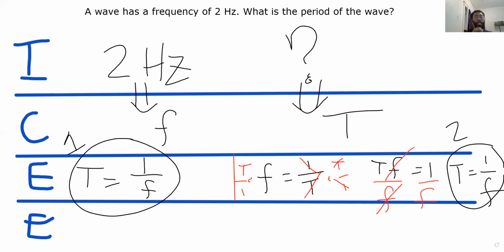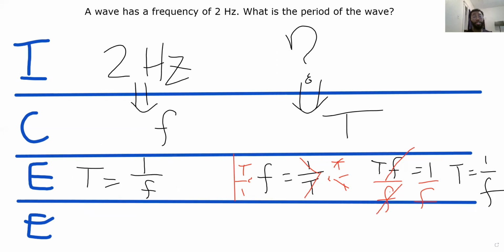Instead, you can have the one equation and just practice the algebra that you need in order to rearrange the equation to solve for whatever you need. So definitely practice the second way. But if you're really trying to stay away from the math and algebra as much as possible, then you'll just have to memorize more equations.